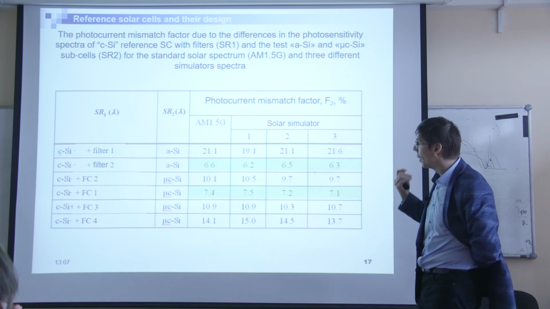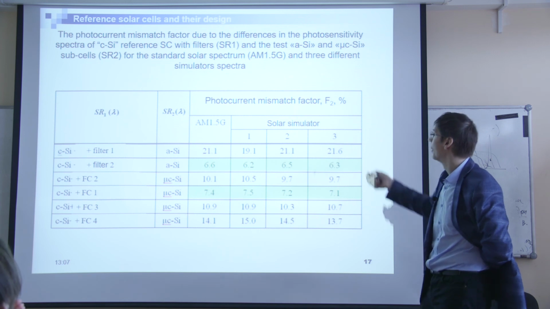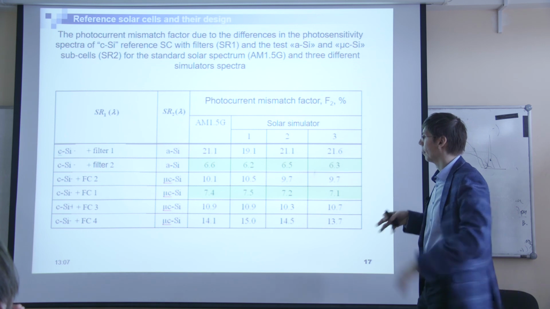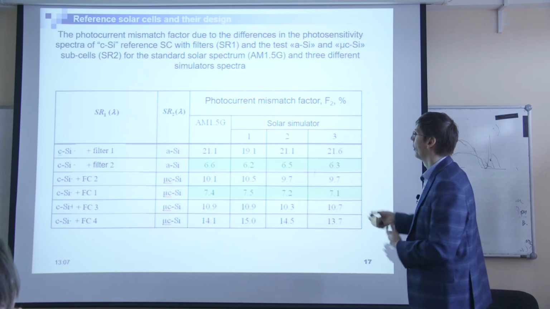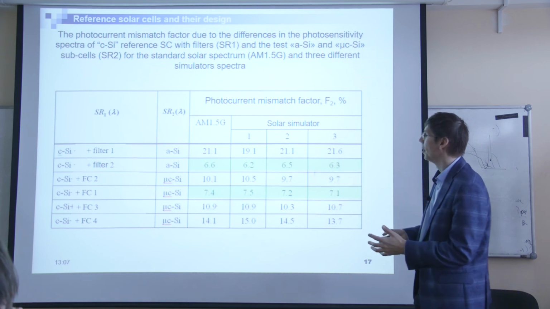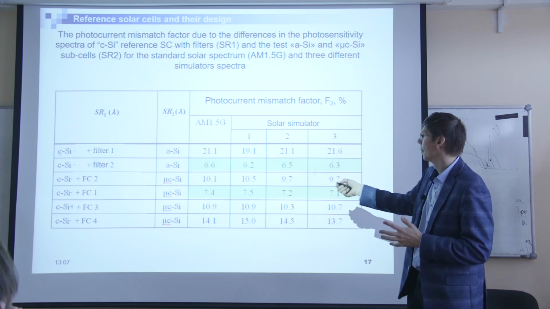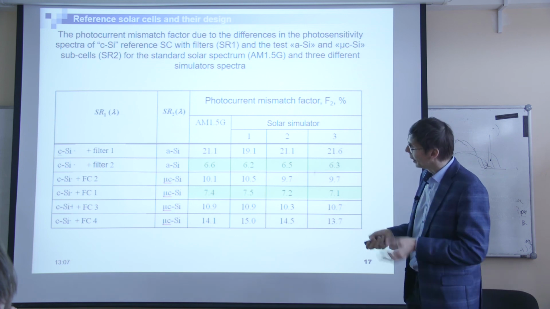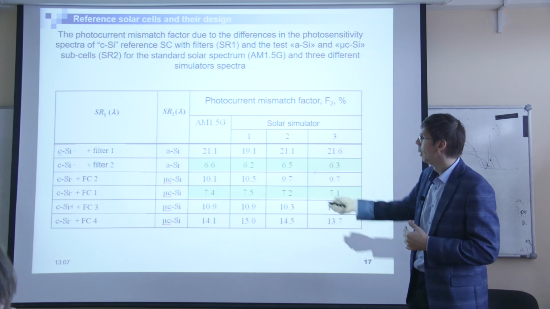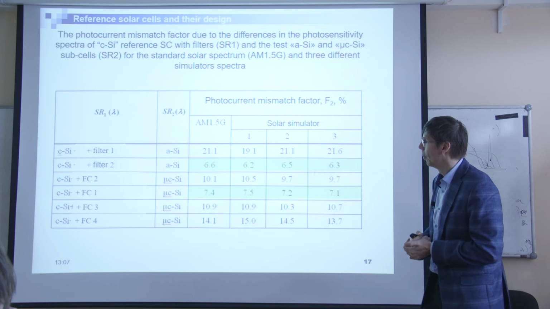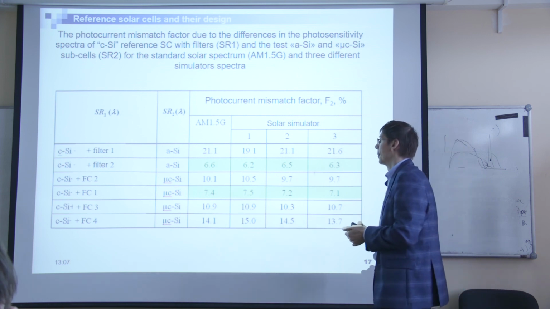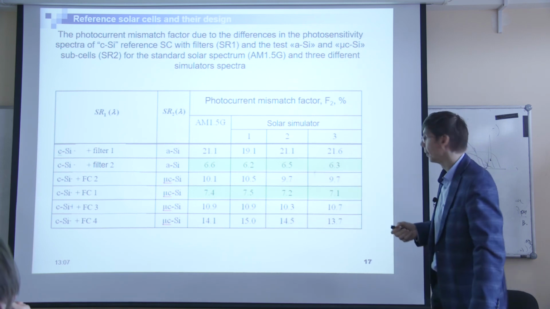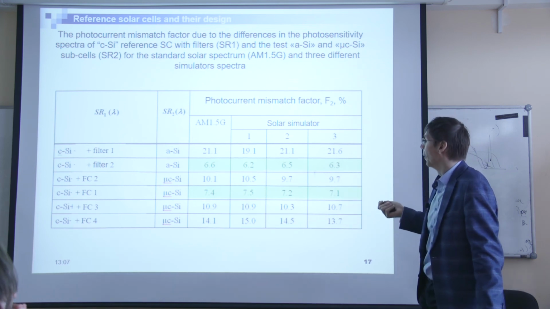And actually, as I told you, we can calculate this factor for each specific simulator. Here, 3 types of simulator were considered, and you see there is some difference, but it's not so important. Again, for filter 2, we have a value of 6.6%, which is quite nice. At least compared to 21, it's very nice.